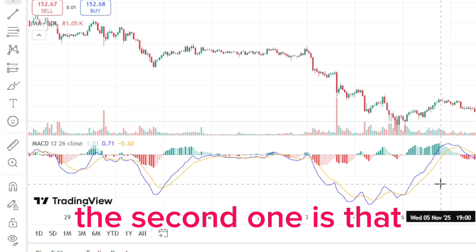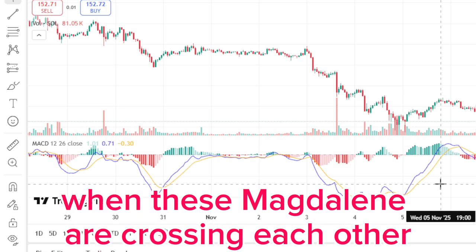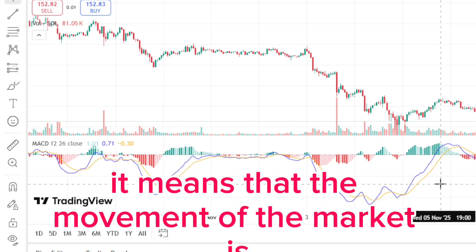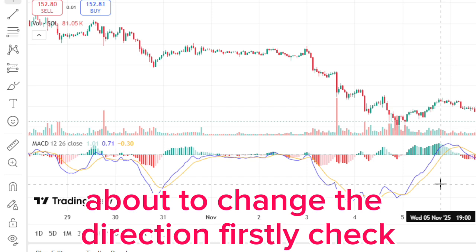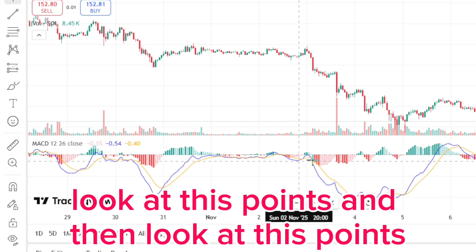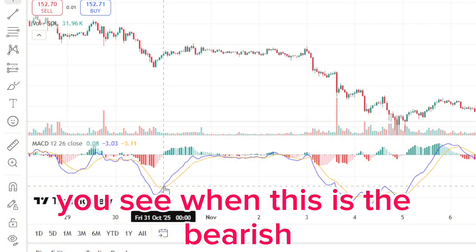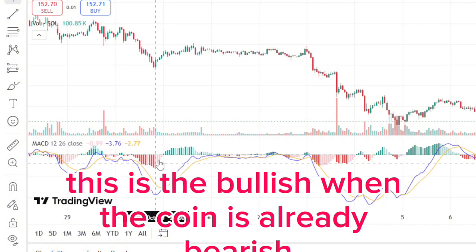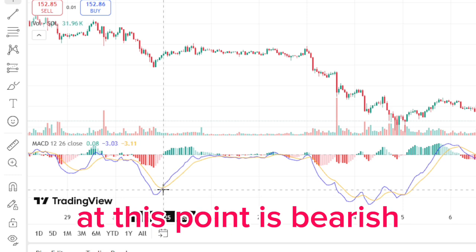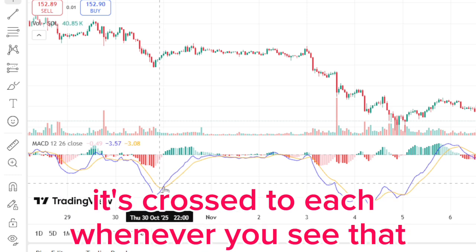The second one is that when these MACD lines are crossing each other, it means that the movement of the market is about to change direction. First, look at these points, and then look at these points. You see, when this is bearish, this is bullish. When the coin is already bearish at this point, it's bearish. But when it reaches this place, it's close to crossing.